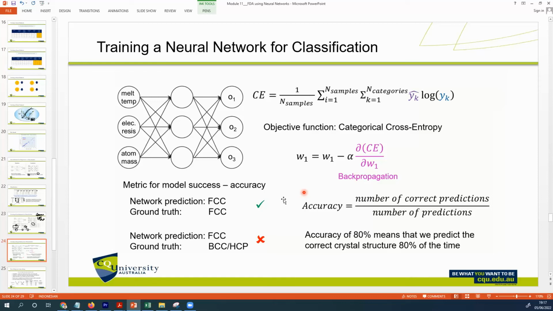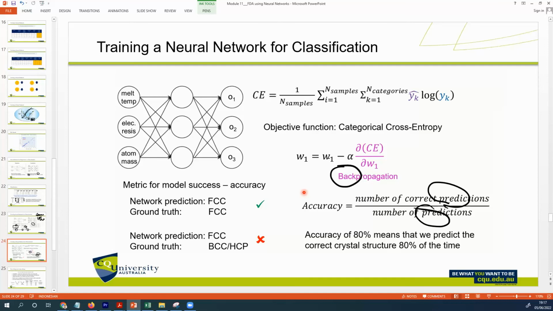The accuracy in the neural network for classification is the number of correct predictions divided by the number of predictions. In the neural network for classification, we also learn about backpropagation.